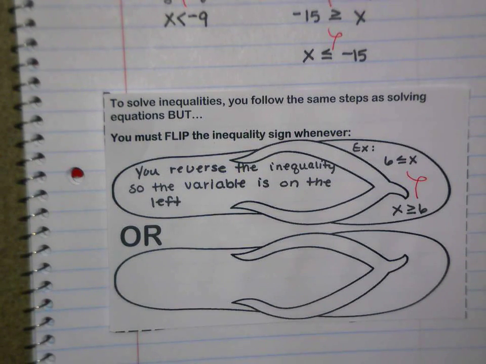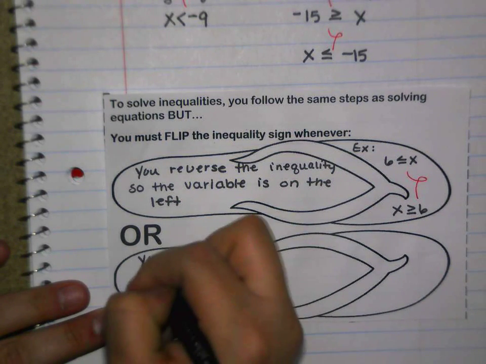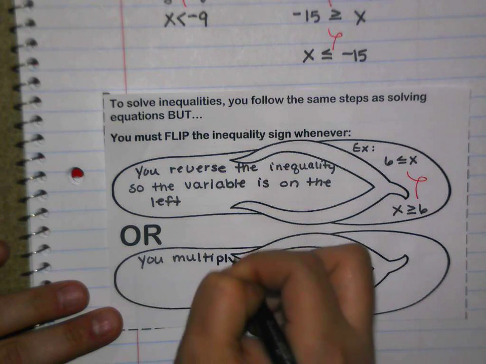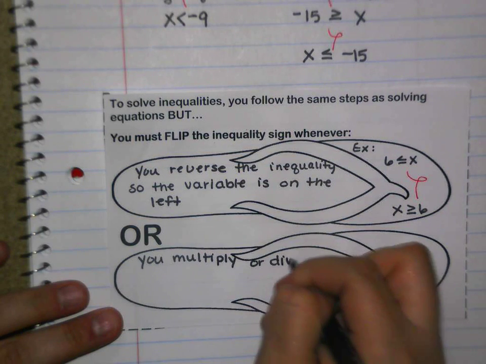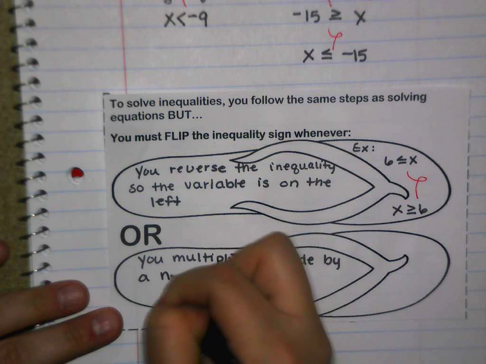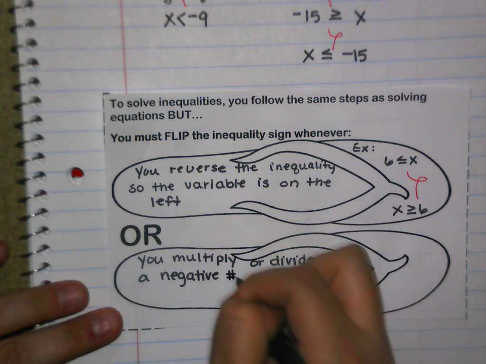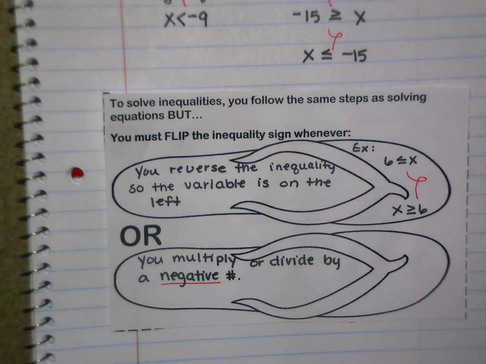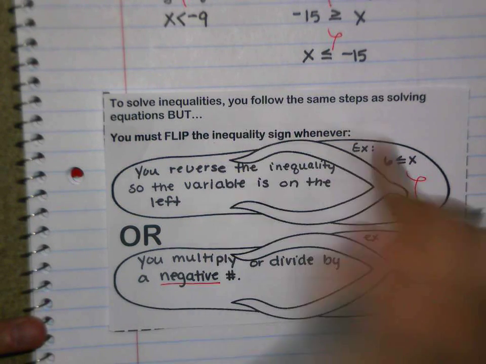Okay. Also, the second reason that you would reverse the inequality is because you multiply or divide by a negative number. So anytime you are multiplying or dividing by a negative number in inequalities, you're going to flip the inequality, like the examples that we did earlier, as in 1 and 2.